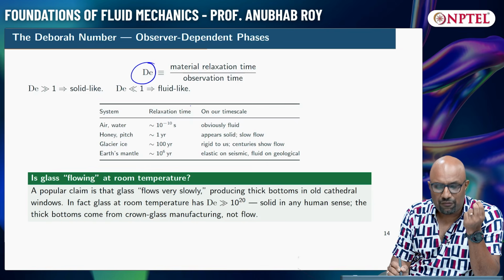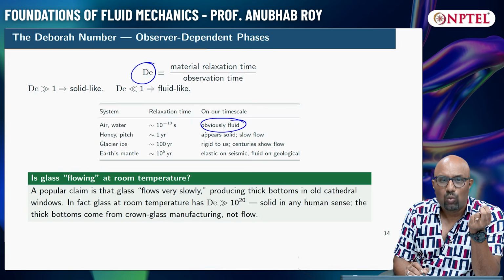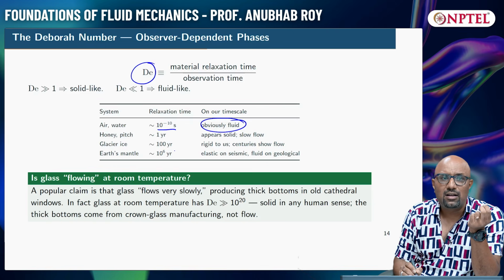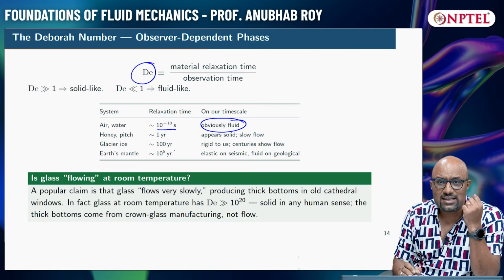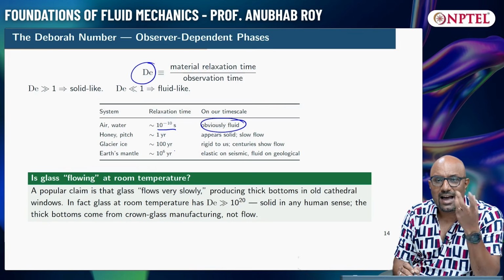So if you think of objects like air, water, they are obviously fluid. Why? Because the relaxation time scales are extremely small. It's around 10 to the power minus 10 seconds. For air, you can actually say that the relaxation time scale would be the mean free path of the air molecules divided by the characteristic velocity of air molecules.